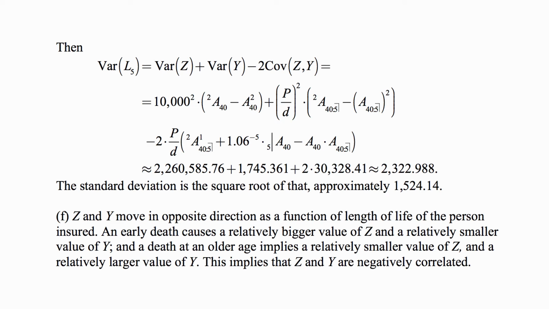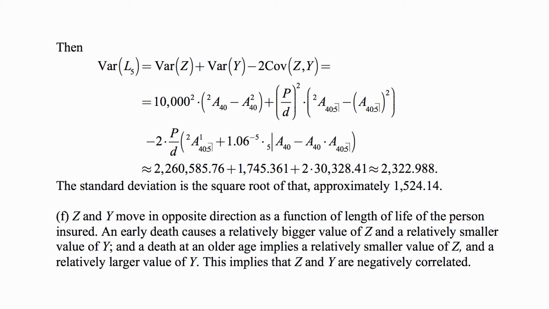and that's 10,000 squared times (2A40 minus A40 squared) plus (P over D) squared times (2A40 colon angle 5 minus A40 colon angle 5 squared) minus 2 times P over D times the whole expression of 2A40 colon angle 5 1 plus 1.06 to the negative 5 times 5-year deferred A40 minus A40 times A40 colon angle 5.